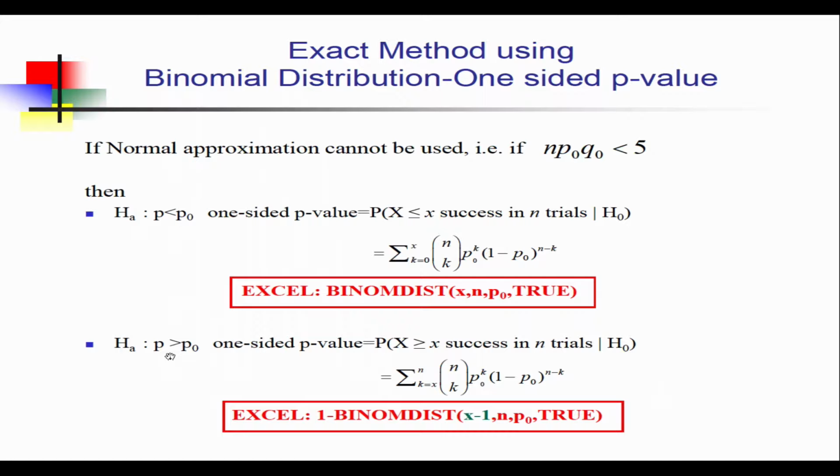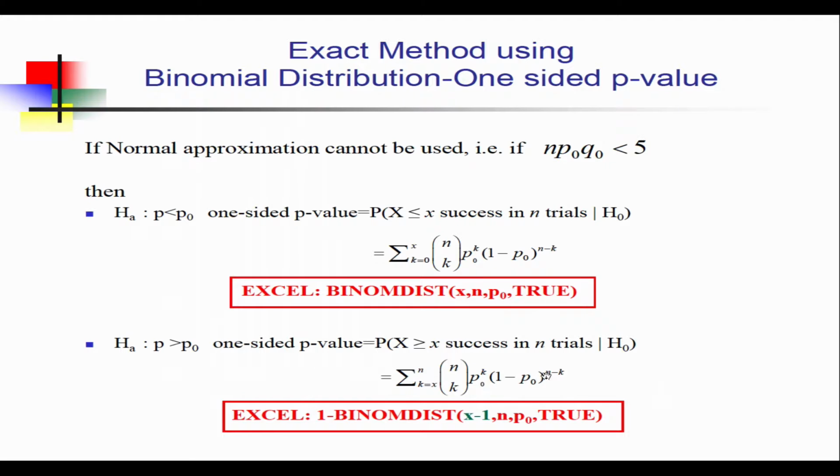Same thing here. If your alternative hypothesis says you believe the proportion is bigger than p0, then your one-sided p-value is the probability of capital X greater than or equal to small x. Your belief in the alternative occurs on the larger values, on the right tail, so you calculate the probability beyond small x on the right tail.